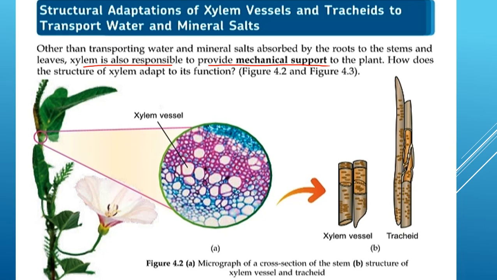Figure 4.2a here is a micrograph of cross sections of the stem. So we have xylem vessel here. We zoom in here, xylem vessel, and also tracheid.